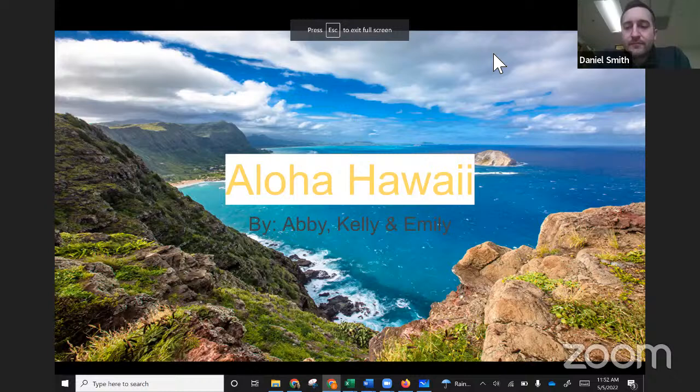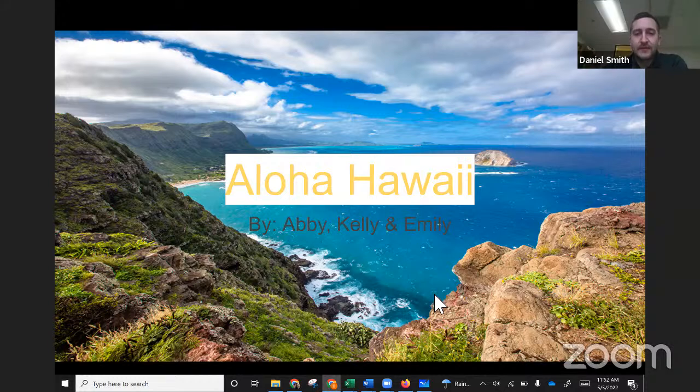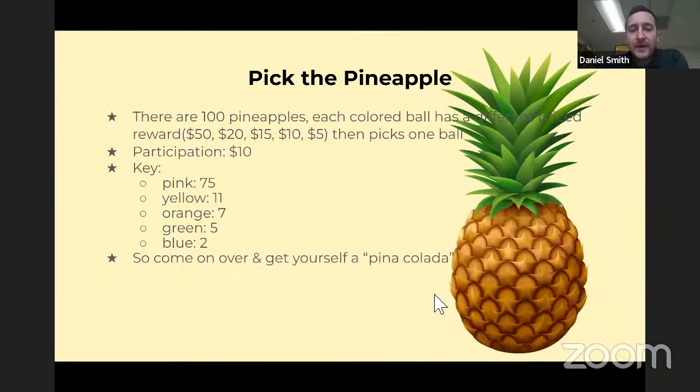This group had Aloha Hawaii. Can't remember exactly how they explained it, but their first game was called Pick the Pineapple. There are 100 pineapples. Each colored ball has a different prize reward: 50, 20, 15, 10, and 5. And then you pick one ball. It costs $10 to play.